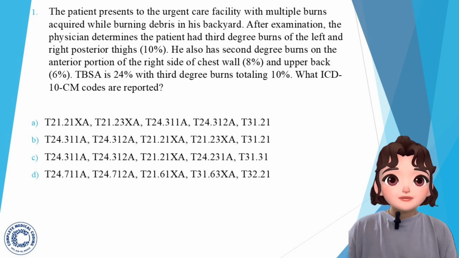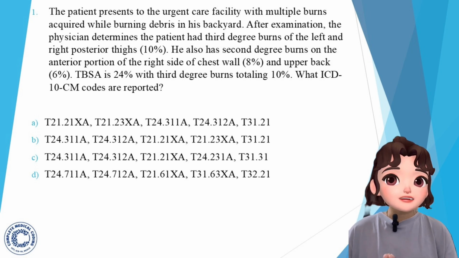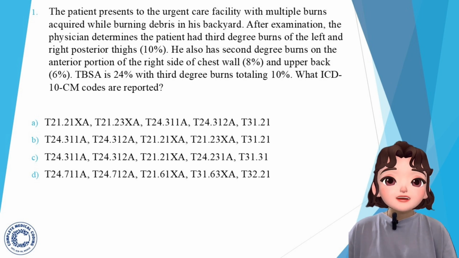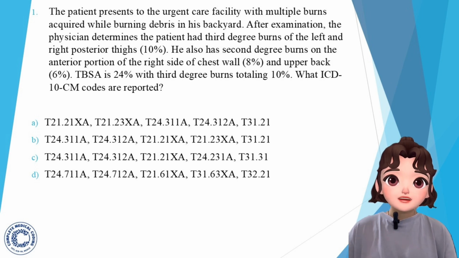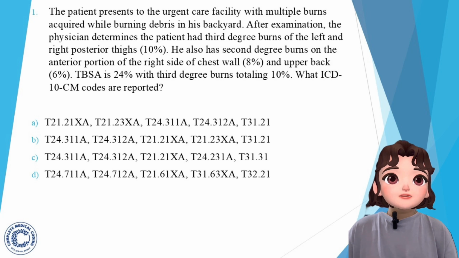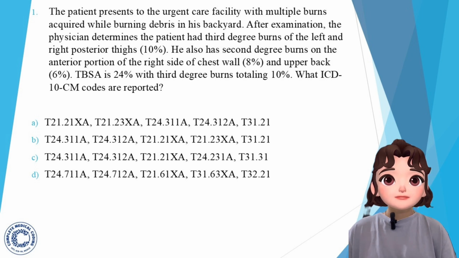So here in this question, as you know, it is a burn question. For the injury codes, the ICD codes will be T codes. And you need to sort out first what the burns are and where they are.